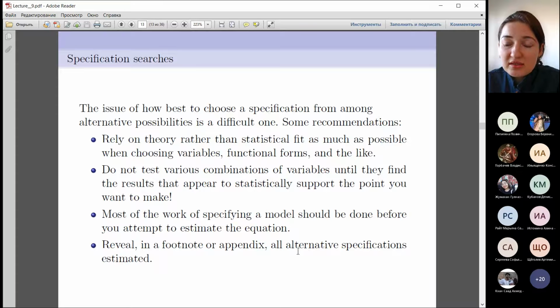Sensitivity analysis consists of running a number of alternative specifications to determine whether your particular research will be robust. So you answer the question how sensitive the best equation that you choose is to changes in its specification, because the true specification is not known, yeah, let's say.